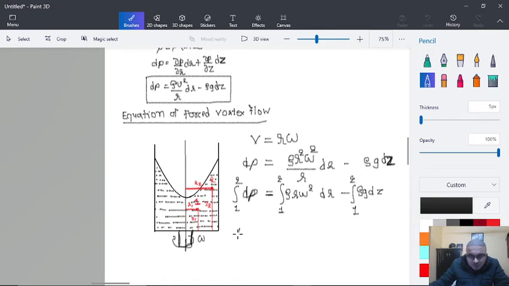So here we have finally P2 minus P1 is equal to rho omega square by 2 into r2 square minus r1 square, minus rho g into z2 minus z1.